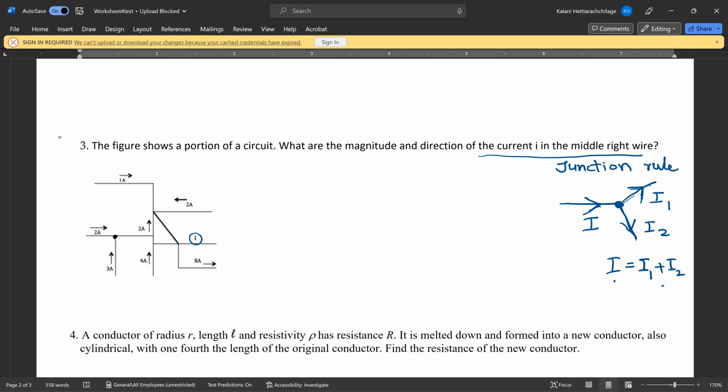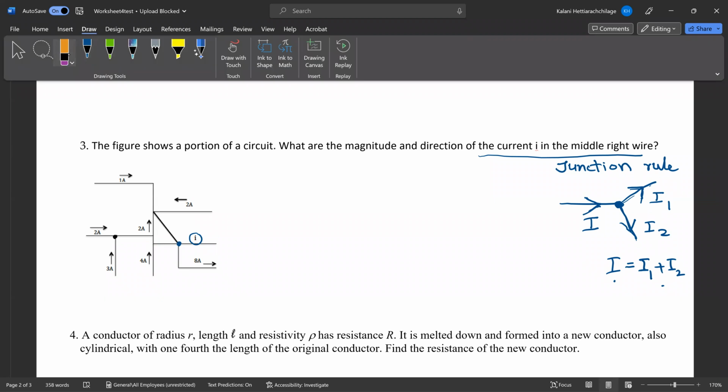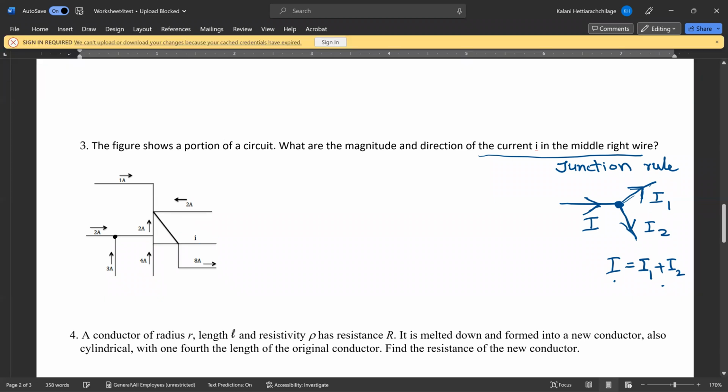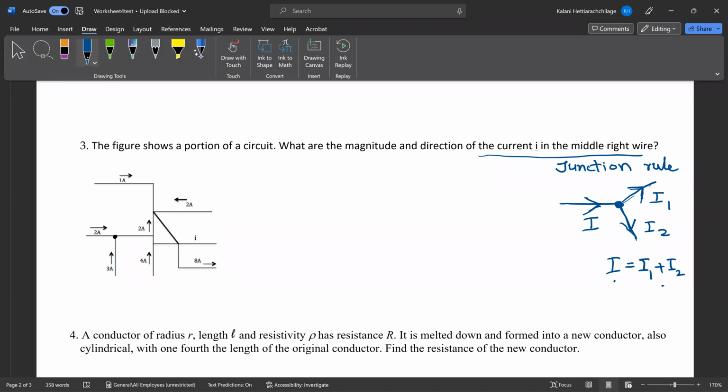If you have 2 unknowns, that is not a good place to start. If I directly jump into this junction, I have many wires where I do not know the current. Because of that, this junction is not the first junction I should try. You need to think very carefully about which junction you're going to start with.